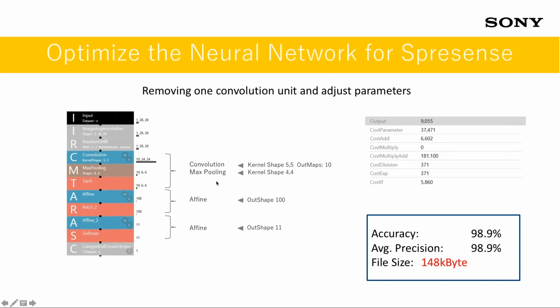If you see in this design, I have removed some of those blocks, and here maybe I have only one convolution, and some of the activations are different, with adjusted parameters right here. And now I have the accuracy of 98.9%, and the precision of 98.9%, which is not that bad compared to the previous one, but the file size is 148 kilobytes.